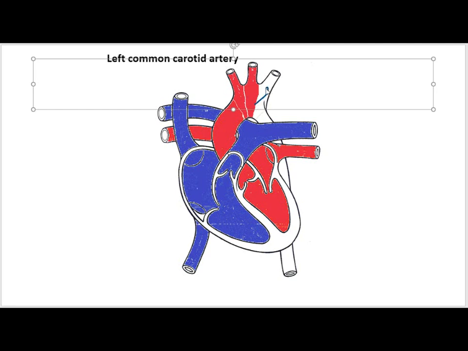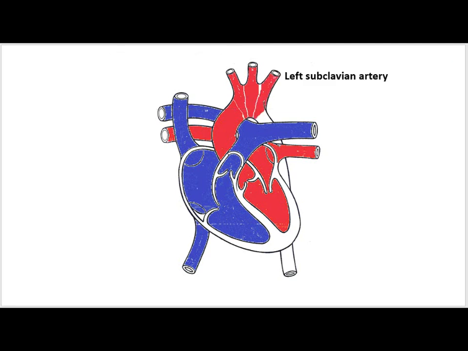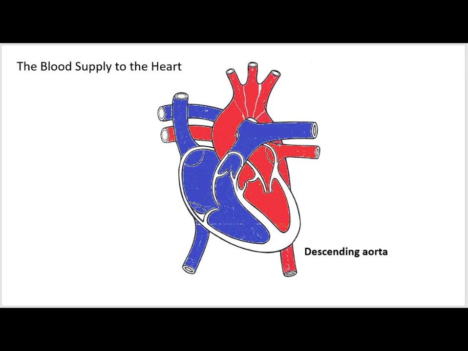So three branches go: the brachiocephalic artery, the carotid artery, and the left subclavian artery. And then the blood is going to keep going down through the descending aorta, and it will branch and deliver blood.